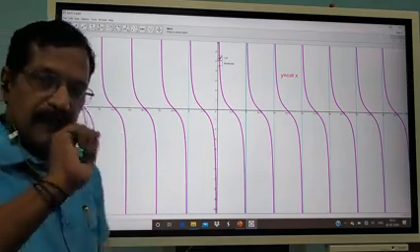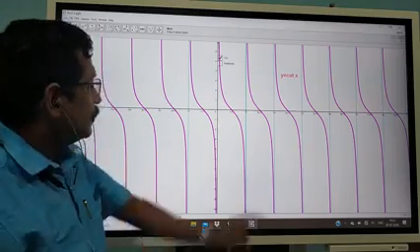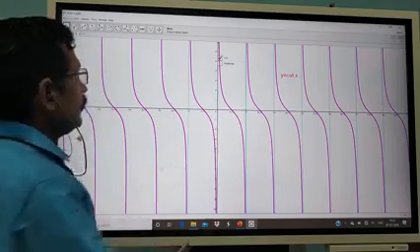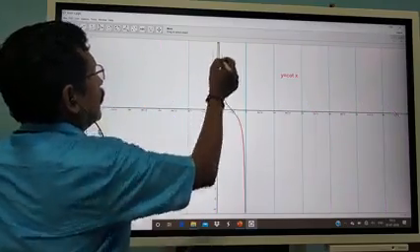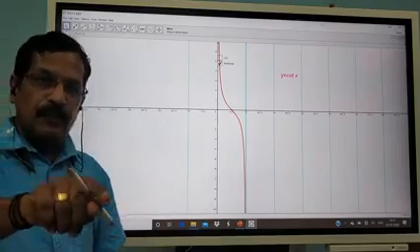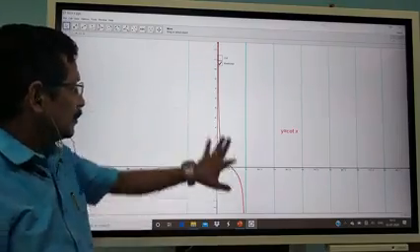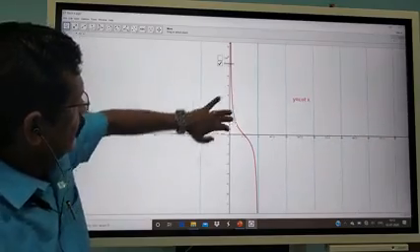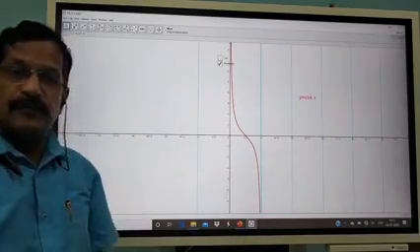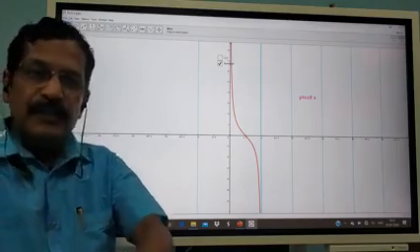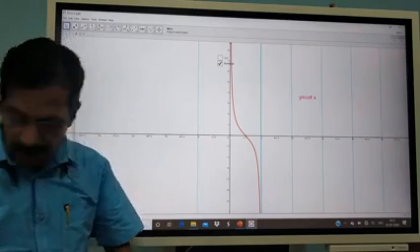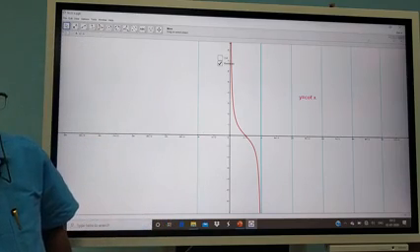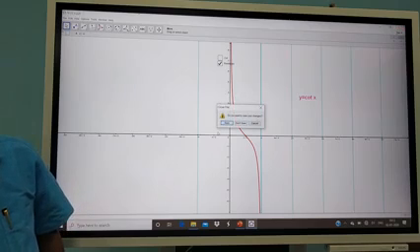So, we are restricting the domain to 0 to pi. When we restrict the domain to 0 to pi, the graph of the cot function will be this one. Now it is invertible. It is one-one and onto. Now we can define the inverse of the cot function here.